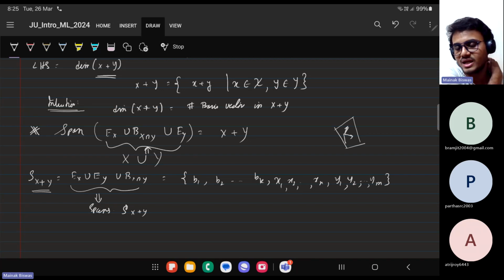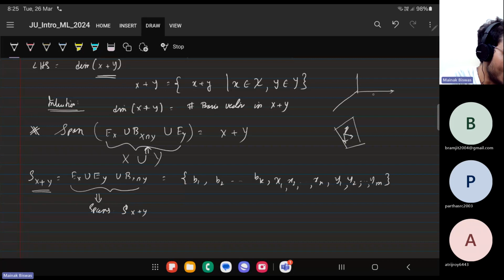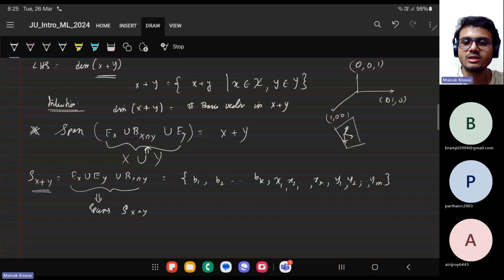All the vectors in the plane must be a linear combination of your spanning vectors, right? Just like in Cartesian coordinates, you have 1 0 0, 0 1 0, and 0 0 1 as the spanning vectors. Yes or no? These are not even just spanning vectors, they're basis vectors. They're minimal. Yes or no?